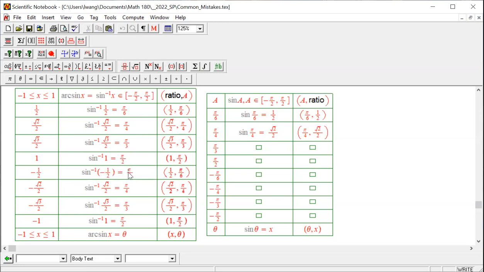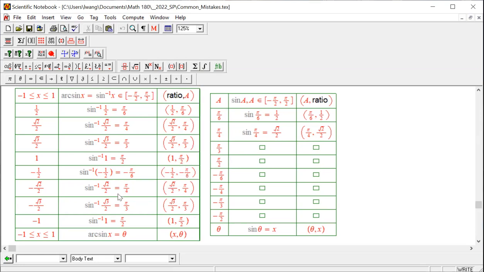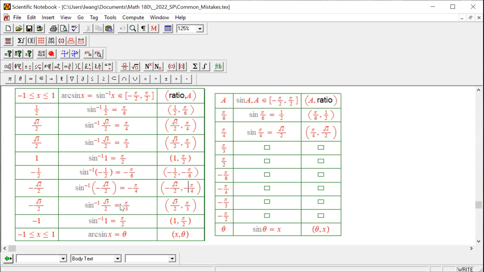It's my lazy way to do it. So this is a negative, and this is negative, and this is negative, negative, negative, negative, negative, negative. And of course, here is going to be -1, and it's -pi/2.